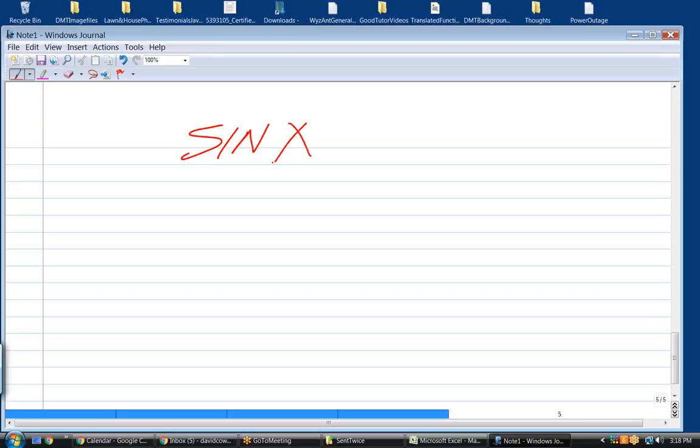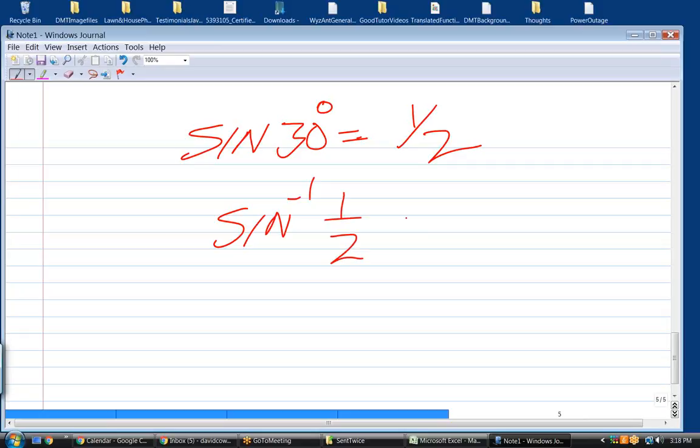Yes, that's inverse sine. Okay. By definition, if the sine of 30 degrees equals 1/2, which it does, then the inverse sine of 1/2 must equal 30 degrees. Okay, that makes sense.